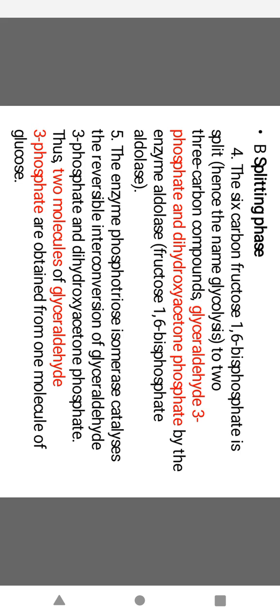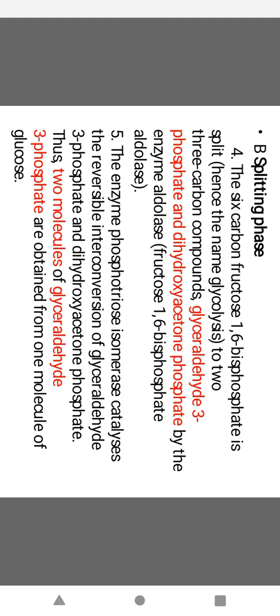The first compound is known as glyceraldehyde 3-phosphate and the other as dihydroxyacetone phosphate. This step is carried out by the enzyme aldolase, or another name, fructose 1,6-bisphosphate aldolase. So the splitting step is carried out by the aldolase enzyme.